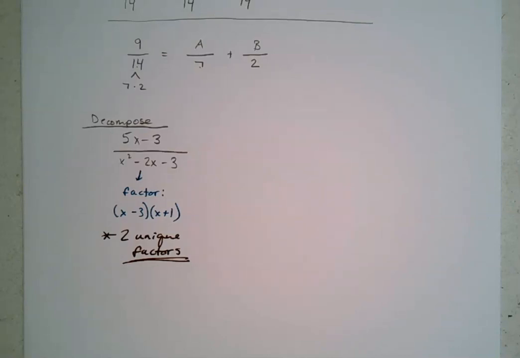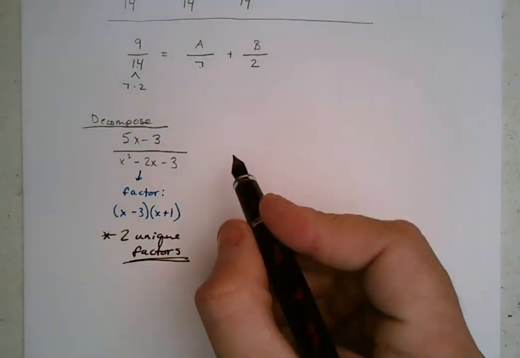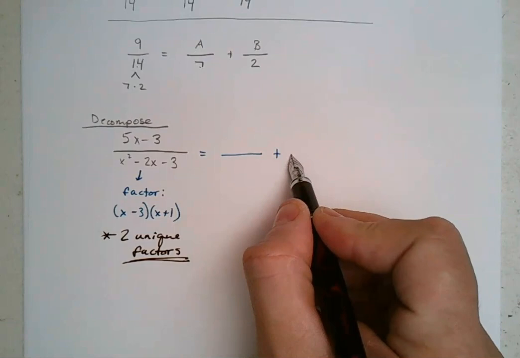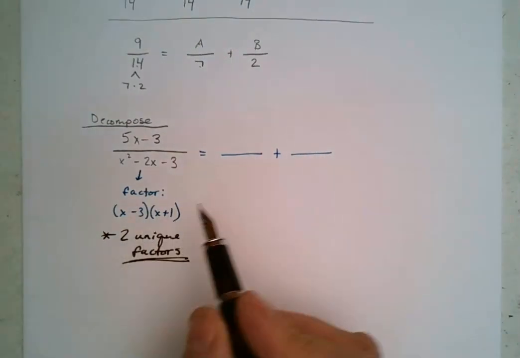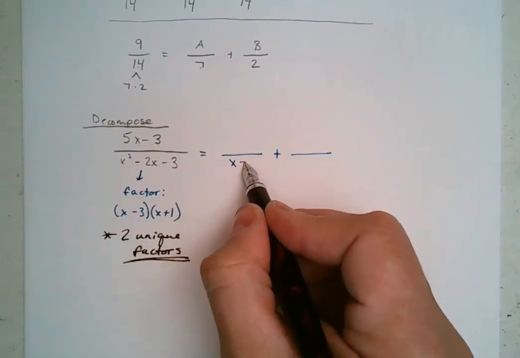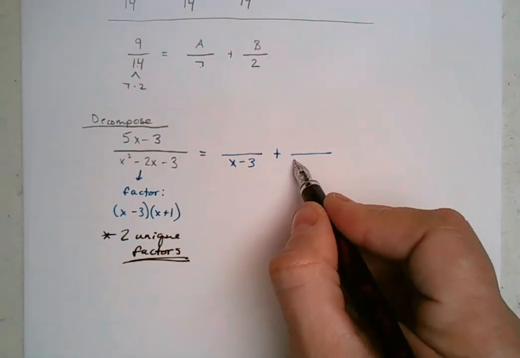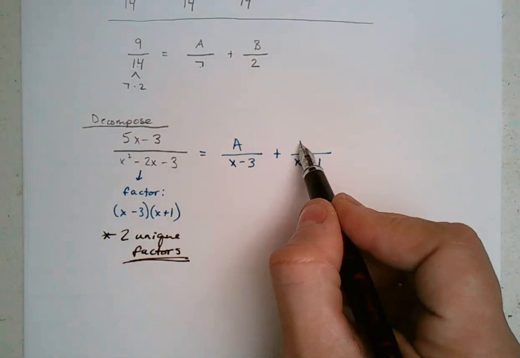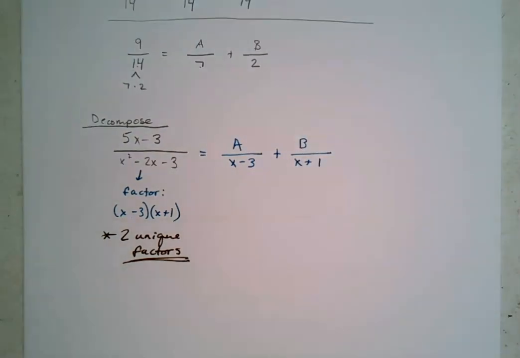Okay, so now here's going to be our setup. We're going to take this fraction and we're going to say, since we got two factors, one of these denominators will be x minus 3, one will be x plus 1, and we don't know what the numerators are, and so we're going to pick A and B. Okay, this is what our answer will look like.